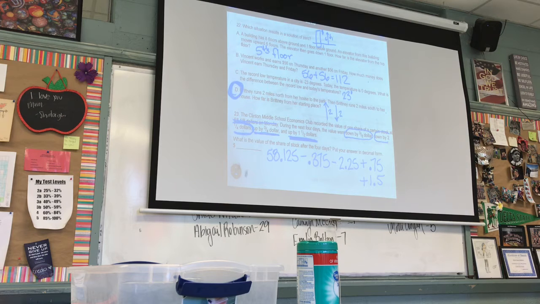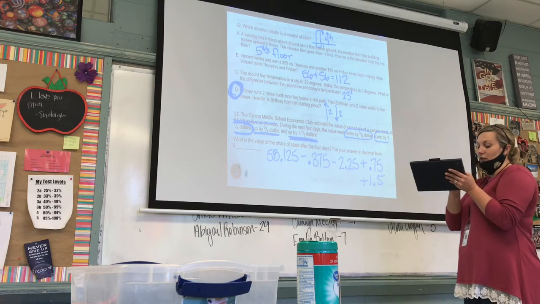What'd you get, love? 57.75. All right. Abigail says 57.75. You got 139. You got 54.375. All right, we're getting different answers, so let's go slow and double check.